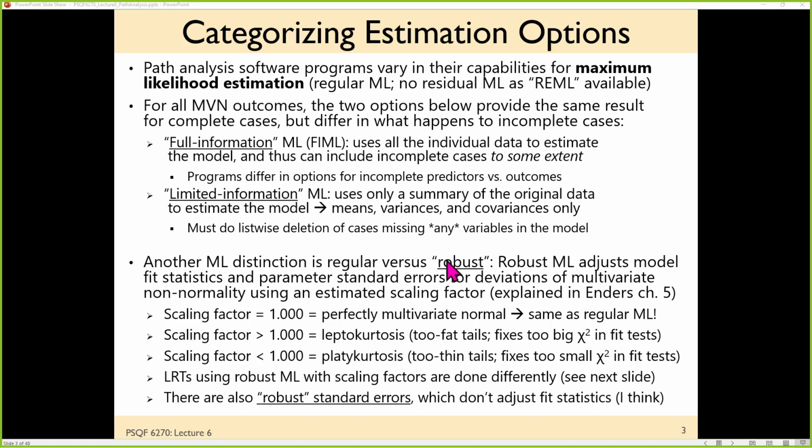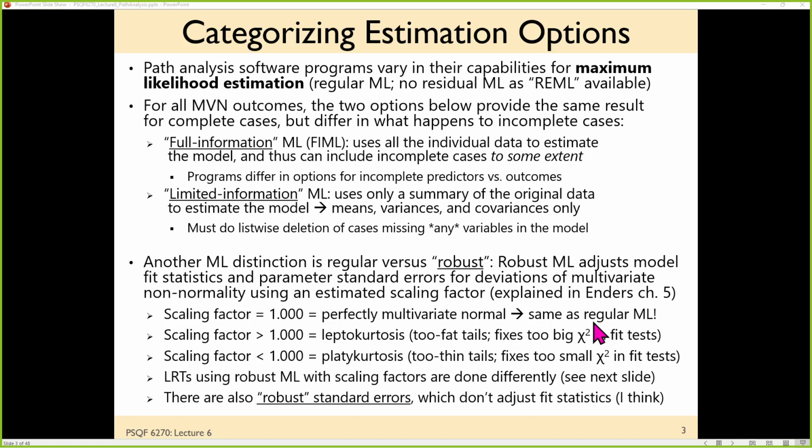So my approach when I'm doing path models, like in practice, is just to use robust maximum likelihood. Because if it's the case that your data actually are close enough to multivariate normal, it will estimate your scale factor as 1, and then it reduces to just regular flavor maximum likelihood. So there's nothing that necessarily is hurt by it.